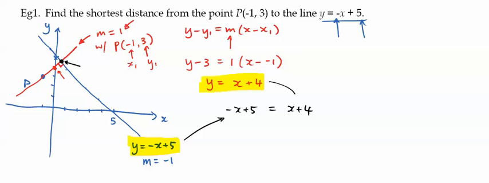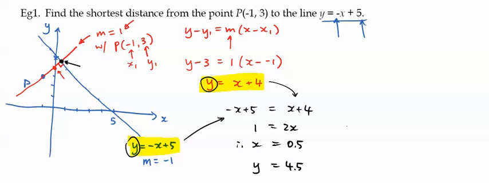One equation here, one equation there. And knowing both of them are equal to y, I can set them equal to each other and solve for x. And once I have the x coordinate, I can now calculate the y coordinate.